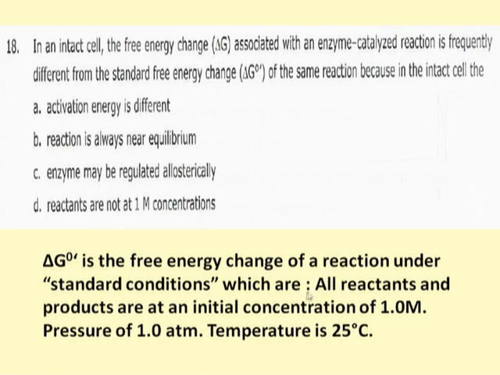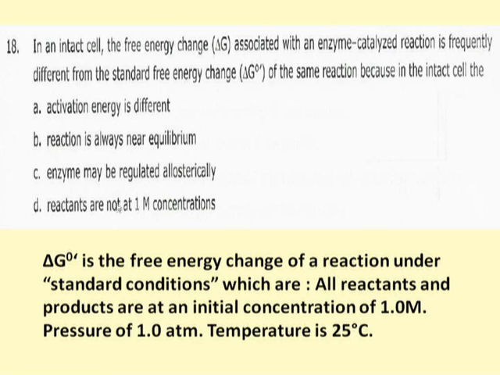These standard conditions are that all reactants and products are at an initial concentration of 1 molar, pressure of 1 atmosphere, and temperature of 25 degrees. So in an intact cell, it is quite possible that the standard conditions are not met. Particularly, the concentration of reactants being at 1 molar seems most unlikely.